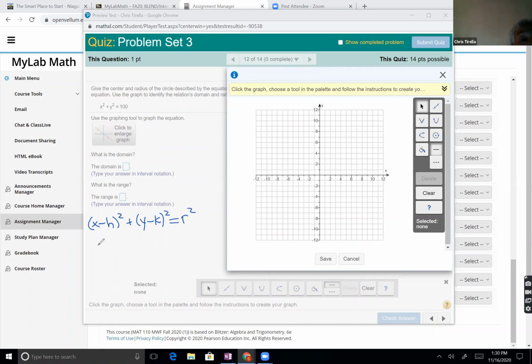And so where I have x squared plus y squared. Oh, this is the same numbers backwards. So the center is 0, 0, and the radius is 10. So I'd start at the origin and I'd go 10 in each direction.